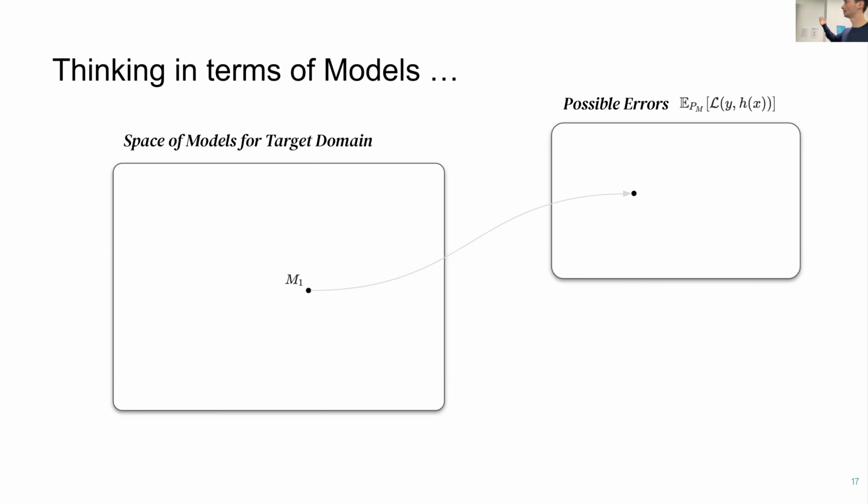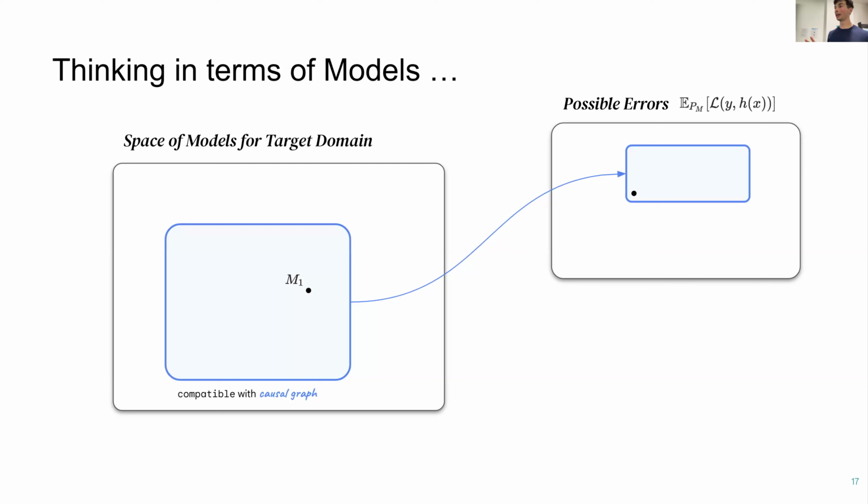So SCMs entail values of errors given some prediction function. Now, what's interesting when you observe some data or make some assumptions about the structure of your problem is that, in the first case, knowing the causal graph of your target domain will constrain the space of possible models.